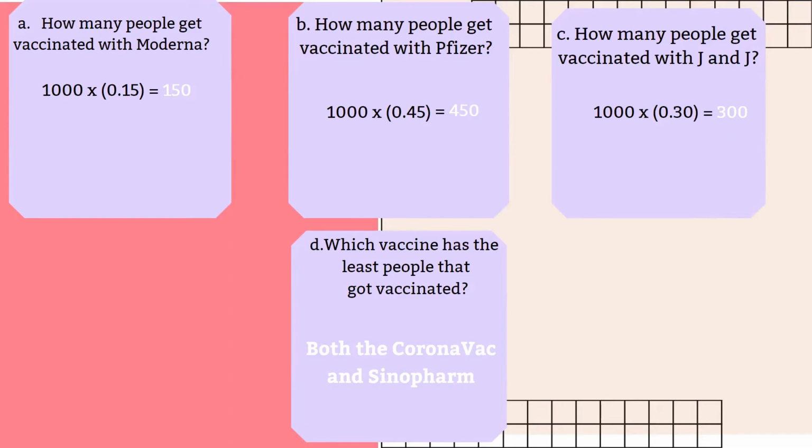And lastly, which vaccine has the least people vaccinated? Through the table, we can identify that CoronaVac and Sinopharm have the least, because both have 50 people vaccinated. Next slide, please.